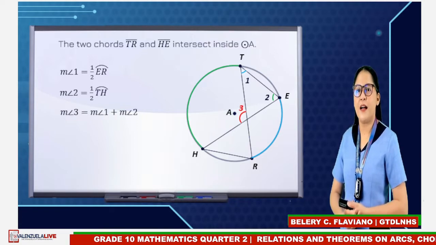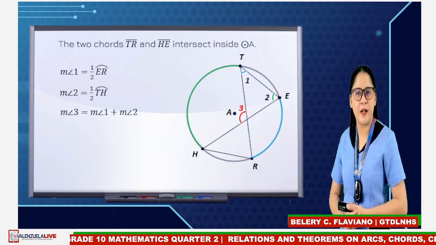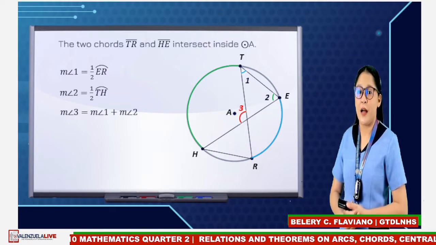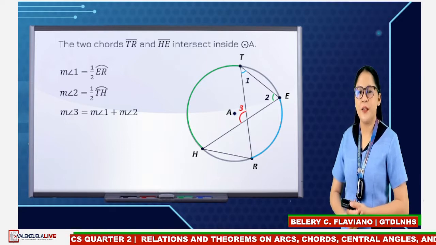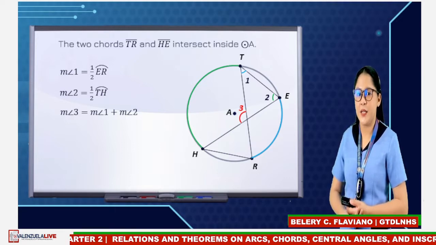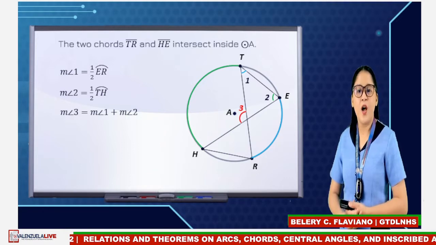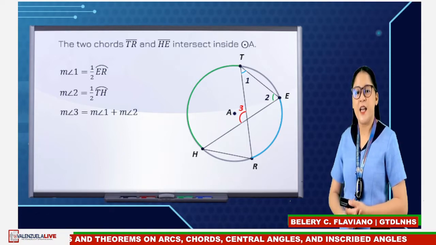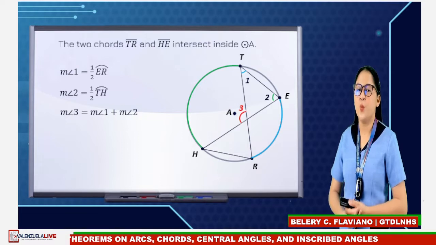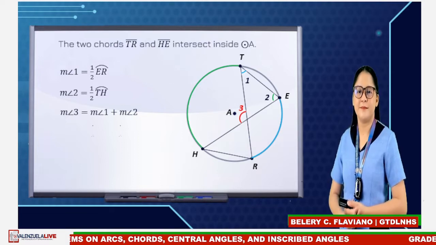The measure of angle 3 is equal to the measure of angle 1 plus the measure of angle 2, for the reason that an exterior angle of a triangle, in this case angle 3, is equal to the sum of its two opposite non-adjacent interior angles, in this case angles 1 and 2.